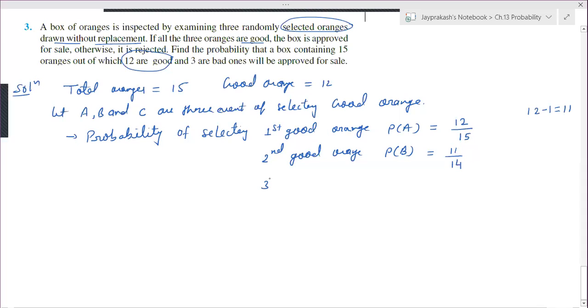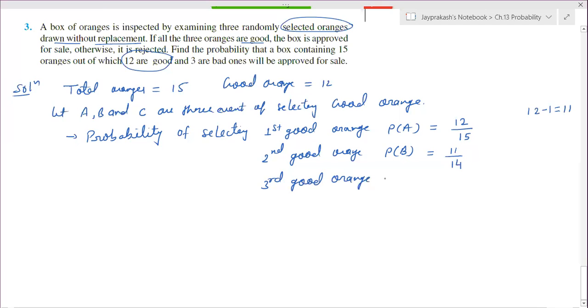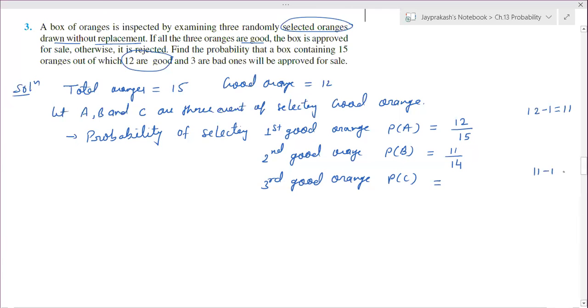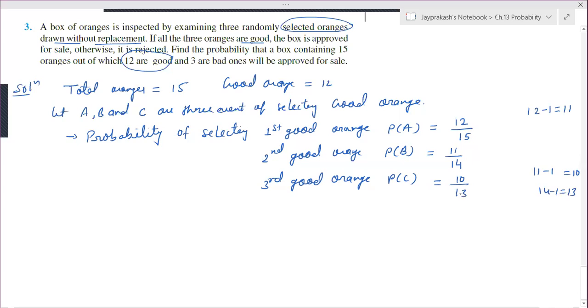Now in the same way, the third good orange is P of C. So now the remaining is 11 minus 1, so 10, and the total remaining is 14 minus 1, 13. So now we have probability 10 by 13.